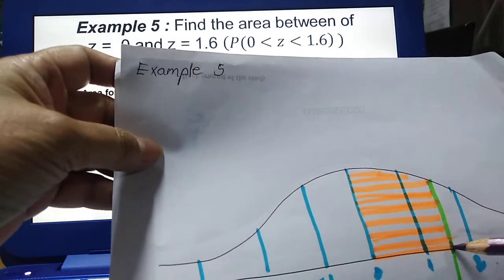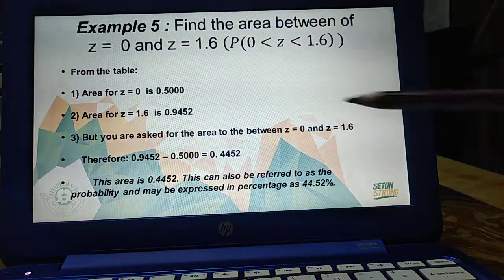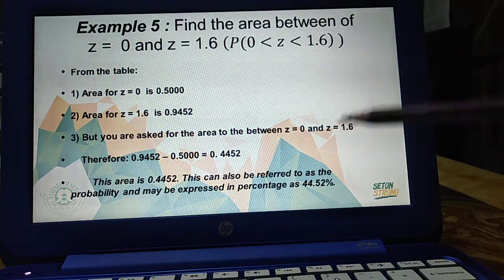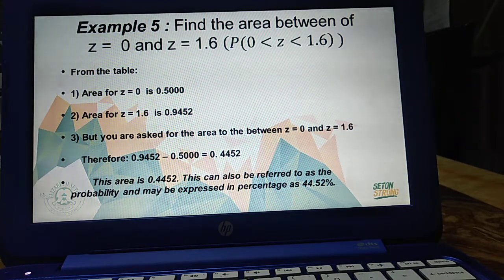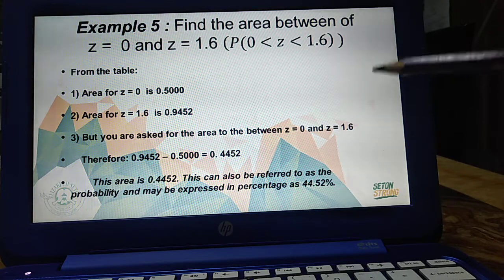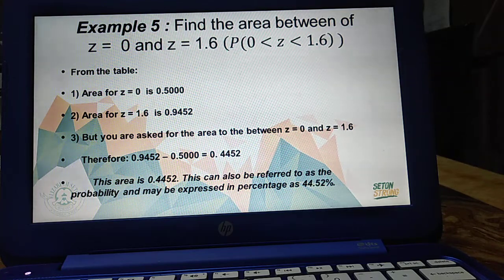The area of 1.6 is 0.9452. We subtract the area of z equal to 0, which is 0.5. So 0.9452 minus 0.5 will give me 0.4452. So we're looking for the area between the z-scores 0 and 1.6.